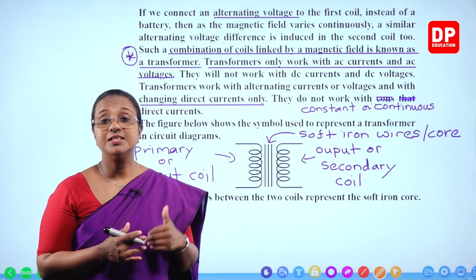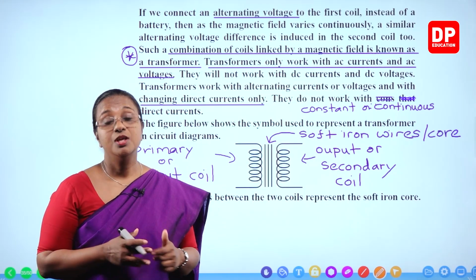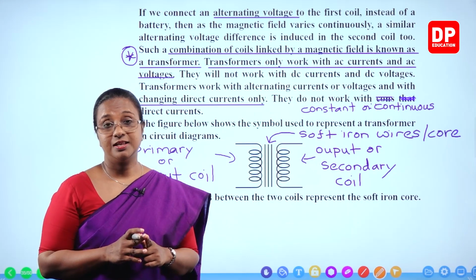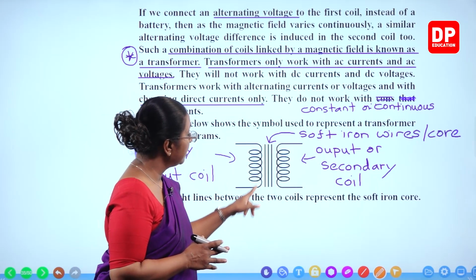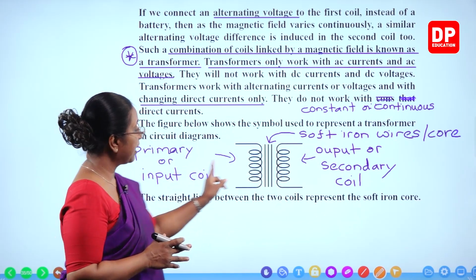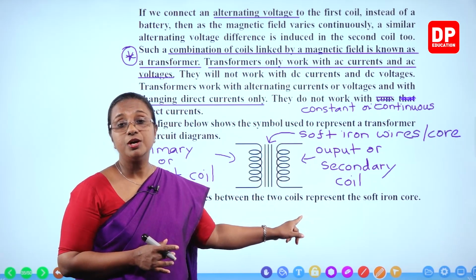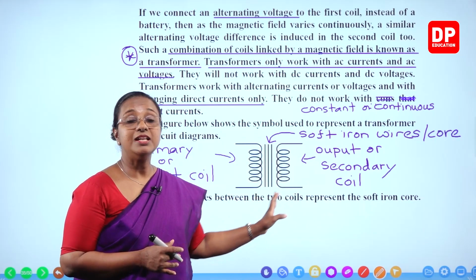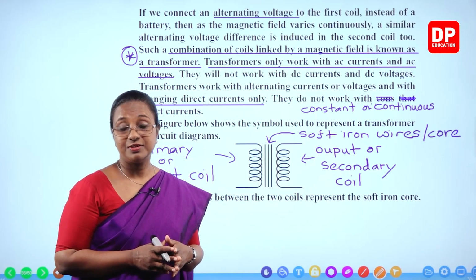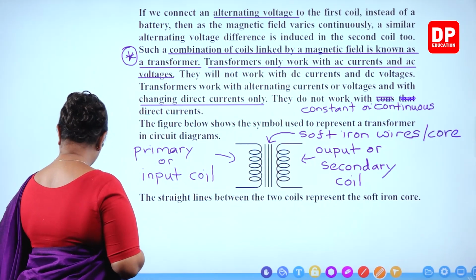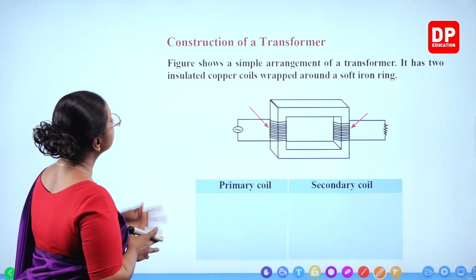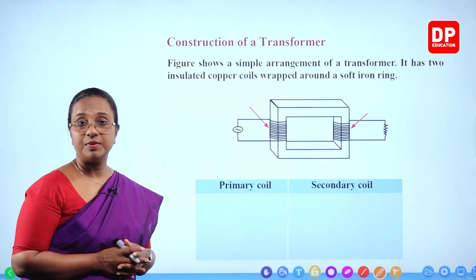Decreasing the voltage, step-down transformer. So how do we do that? By changing the number of coils in the primary and secondary coils, or the input and output coils. That is what I am going to discuss after this. So with that, if I move on, construction of a transformer.